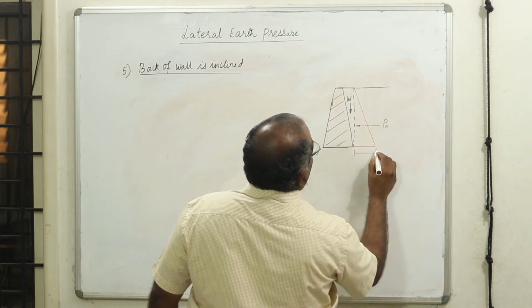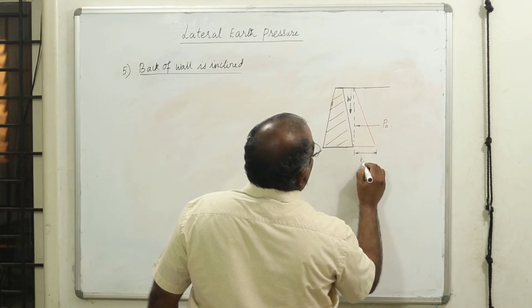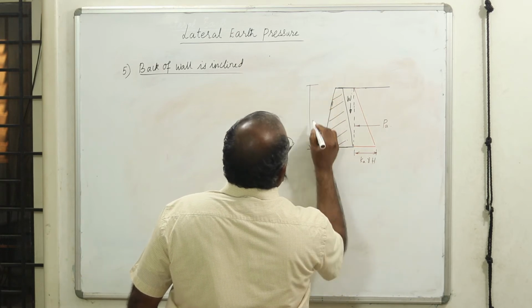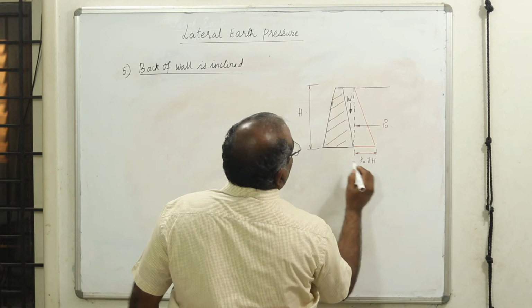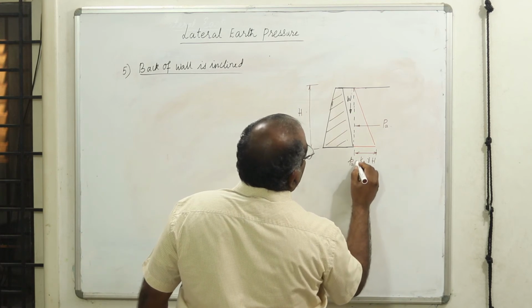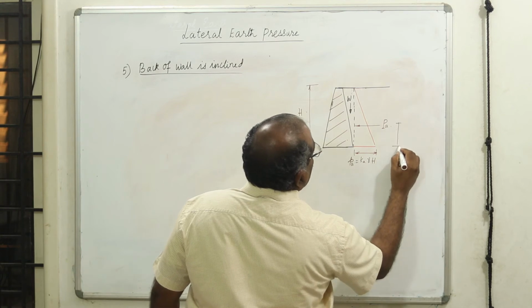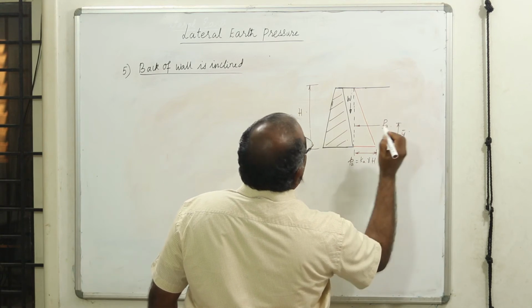This is the intensity Ka gamma H, where H is the height of the retaining wall. This is the intensity of earth pressure, and this is capital PA, thrust, acting at a distance y bar from the base.